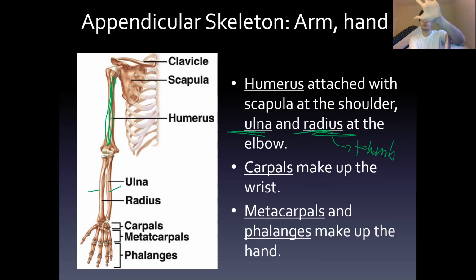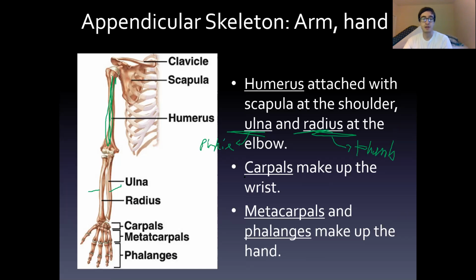So right here on this arm would be the radius, because it's the one that connects up to my thumb. And then the ulna is what connects to your pinky finger. So radius on the thumb side, ulna on the pinky side.